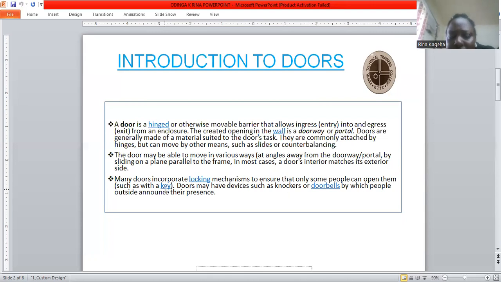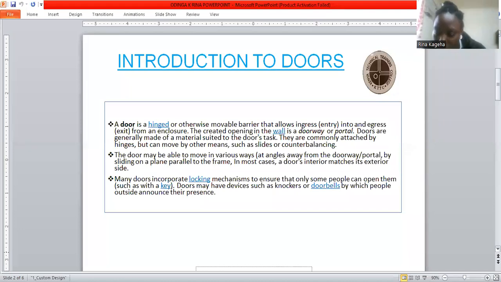And this is commonly used. We also have devices such as knockers or doorbells by which people outside announce their presence. So, are we together up to that point, class? Yes, we are together.